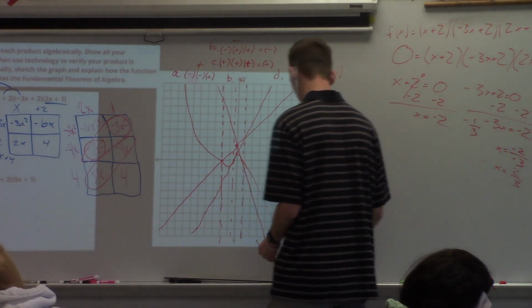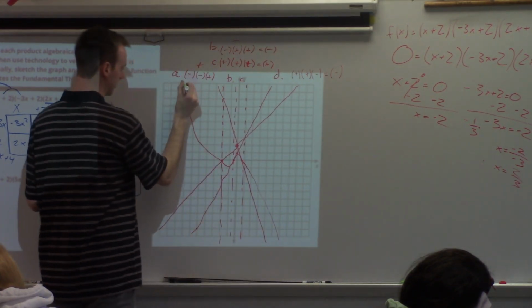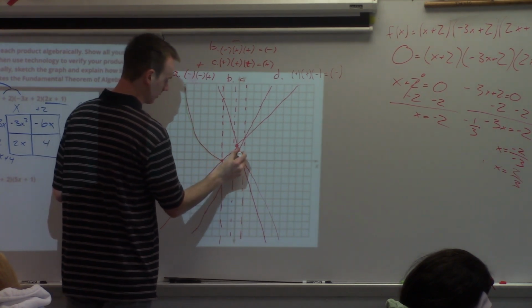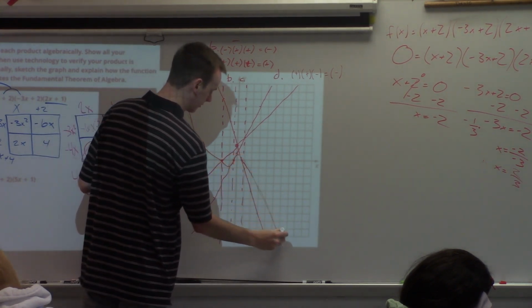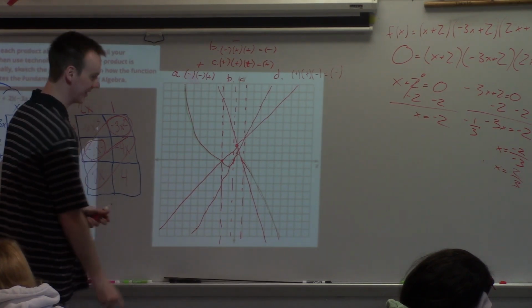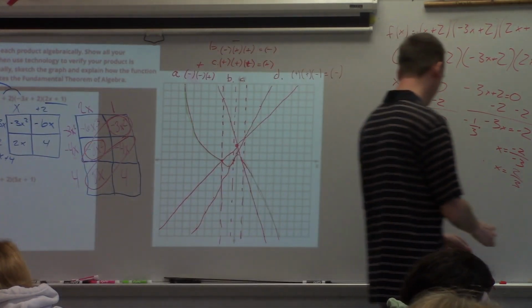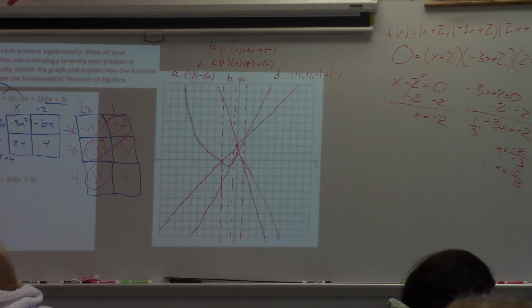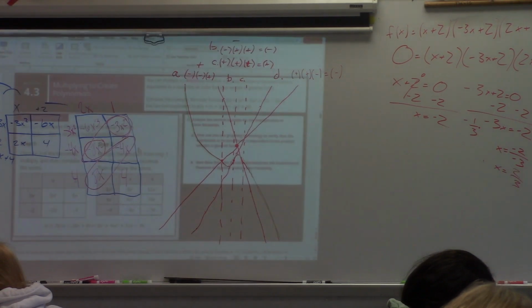And I will trace over it with a different color so you can see. It's a rough sketch. But that's basically what it's going to look like. And if we pull up, this would be a good opportunity to check with our graphing technology.